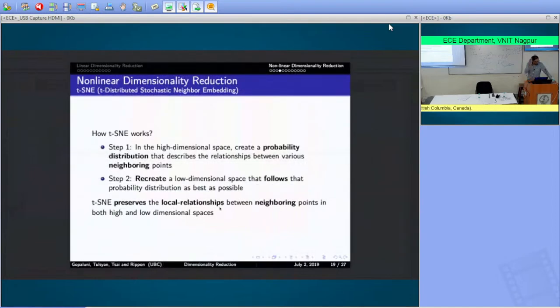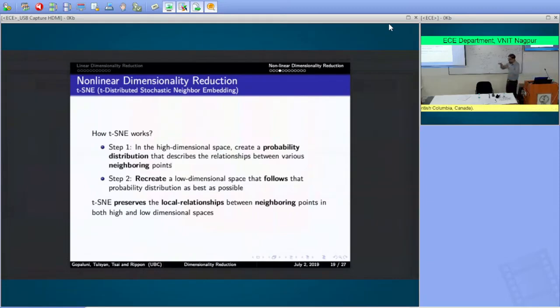Now I'm going to do a little bit of hand waving here, and I apologize because we don't have time to go through all of these algorithms. But I want you to be aware of some of them, like t-SNE. At a very high level, the way it works is, in the high dimensional space, it creates a probability distribution that describes the relationships between various neighboring points.